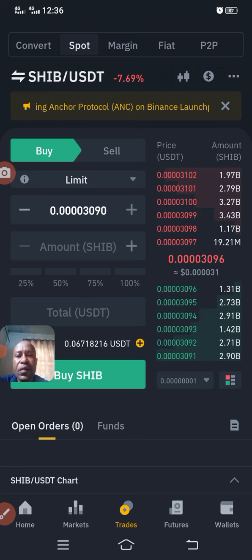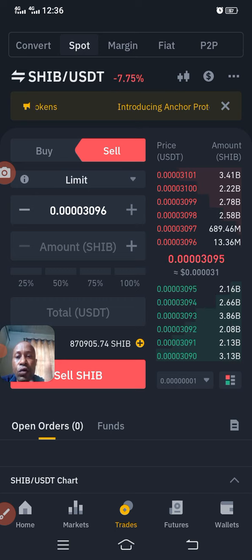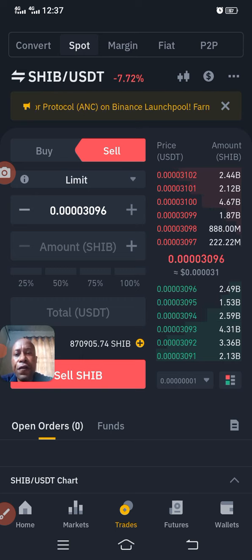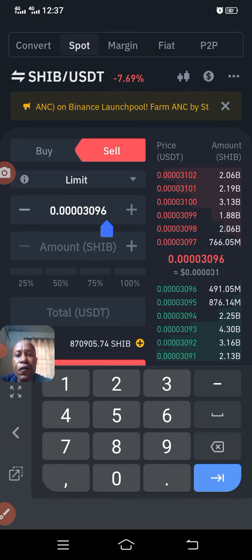Now, that goes on to the opposite side of it. Let's assume I want to sell, because you can actually sell the same thing that you bought. Maybe I have Shiba now, and I am assuming that Shiba is going to go to 400 or 500 sat.